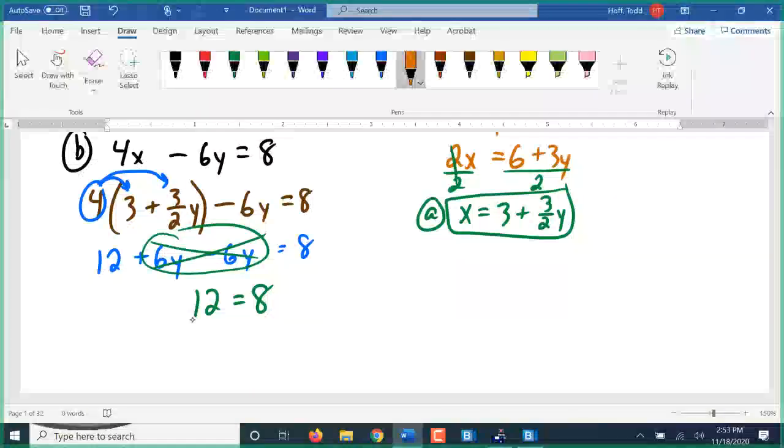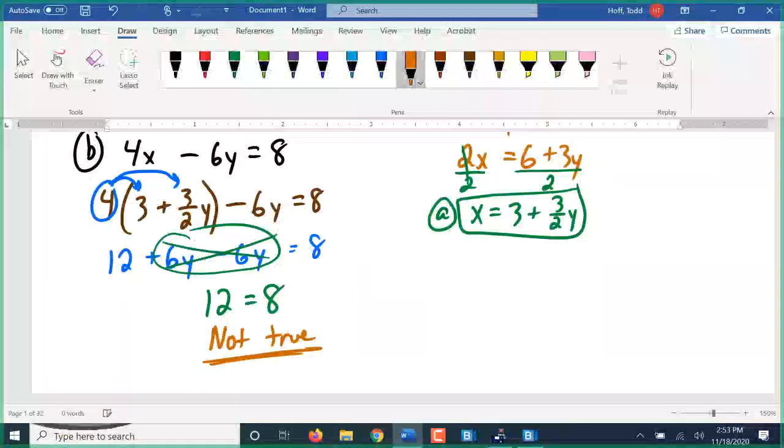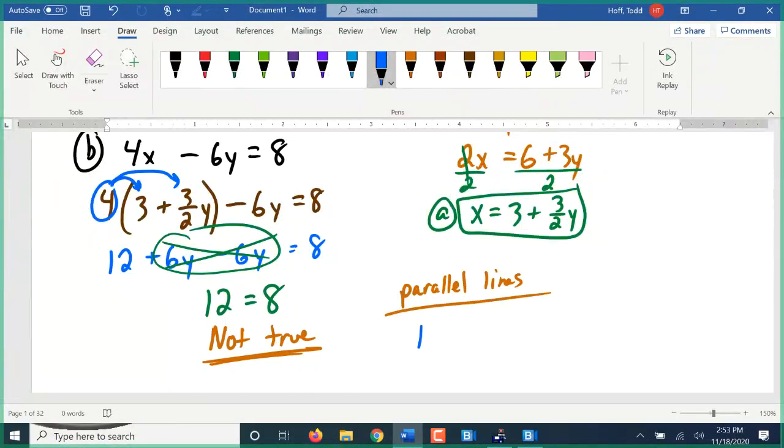This is not true. What that means, when we get something like that, two numbers that are not the same equal to each other, it's not true. That means these are parallel lines, which means they never intersect, and there is no solution to that system of equations.